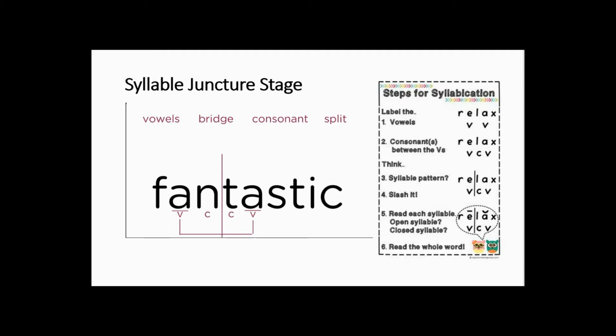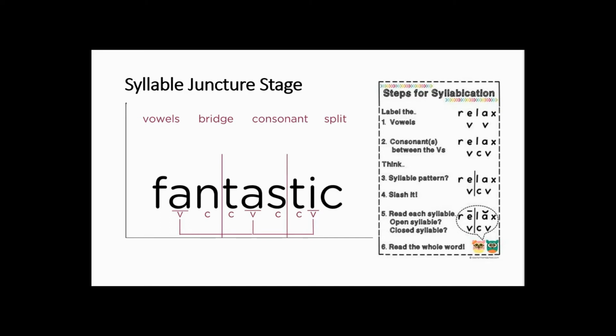We only want 2 consonants on the bridge. If we had more than that, the bridge might fall down. All right, we keep on going because we have another vowel to link here. Remember, every syllable has a vowel, so we can't forget about this guy over here. So we sing our song again. Vowels, bridge, consonant, split.